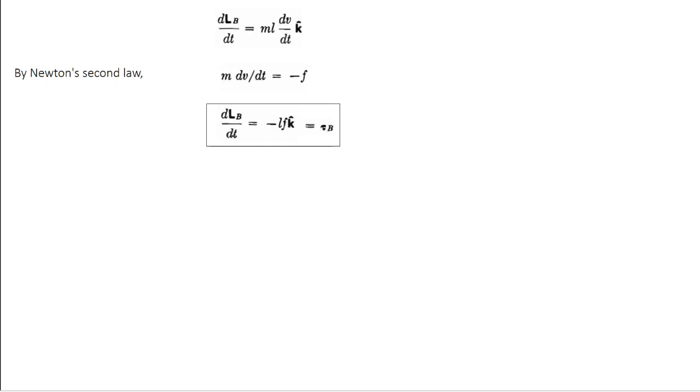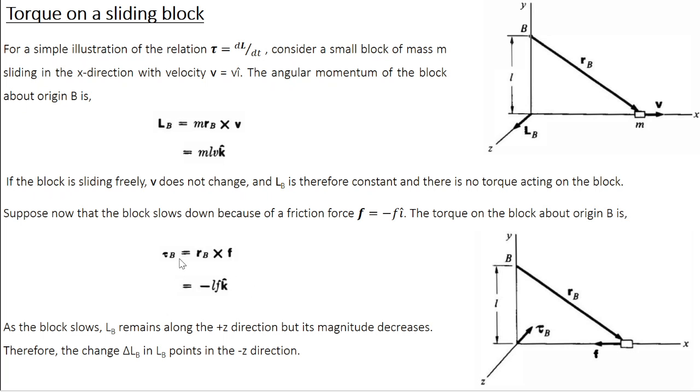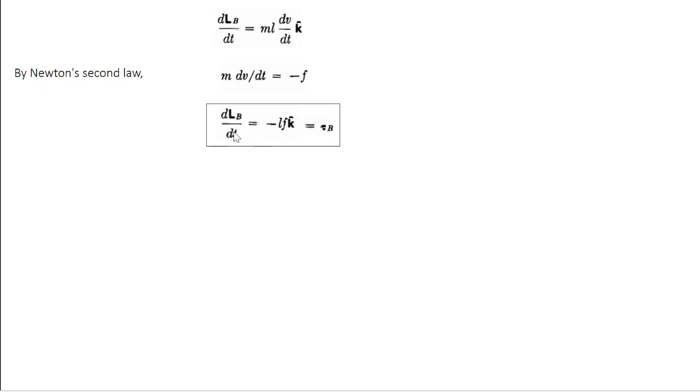Here the only external force is the frictional force, which is given as minus f. So m dv by dt equal to minus f. So in this expression, instead of m dv by dt, I can plug in the value minus f. So this equation becomes dL_B by dt equal to minus l f k cap, and minus l f k cap is nothing but your tau_B. So we have shown that dL_B by dt equal to tau_B, rate of change of angular momentum equal to torque.